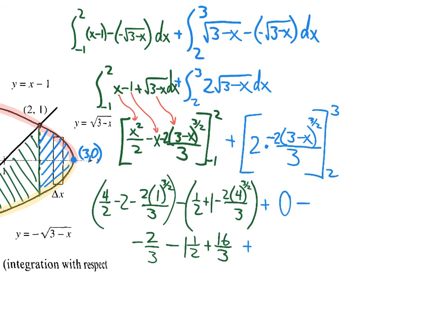Now minus, if I plug in a 2, I have 2 times -2 already, so that's a -4. And 3 minus 1 is just 1 to the 3/2 all over 3. So that's just a plus 4/3.